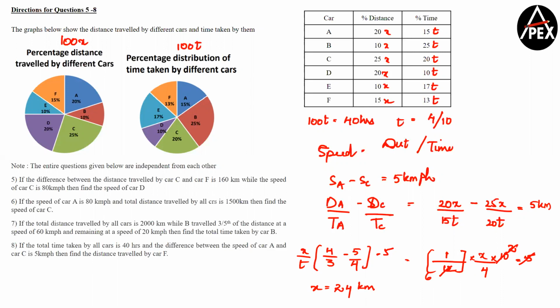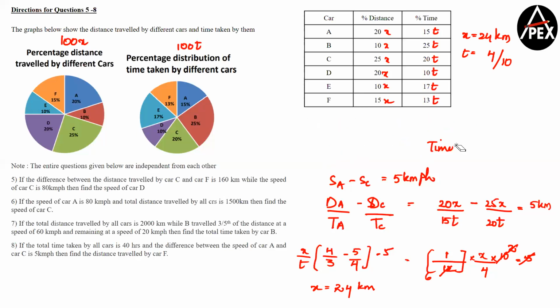Now, what did he ask? We got x is equal to 24 km and t is equal to 4 by 10. What did he ask? He asked the distance traveled by car F. Distance traveled by car F is 15x.